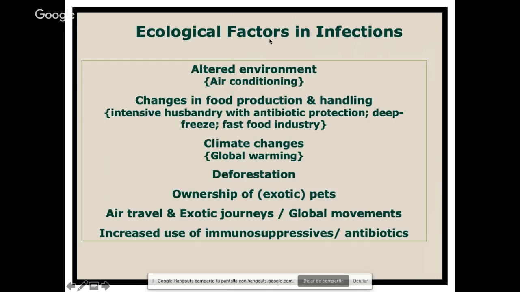There are also ecological factors in the infection. First, some altered environment like air conditioning, then changing food production and handling, for example, with the antibiotic and fast food industry, then climate changes, global warming, deforestation, ownership of exotic pets, air traveling and exotic journeys, and all this can increase the use of immunosuppressive drugs or antibiotics.